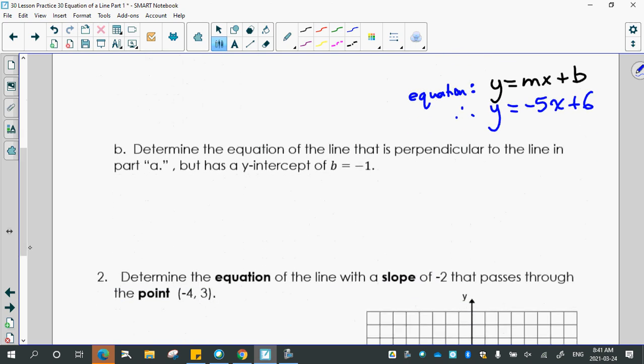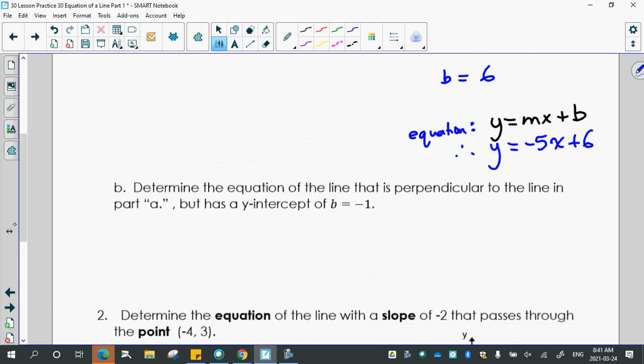Determine the equation of the line that is perpendicular to the line in part A, but has a y-intercept of b equals -1. So again, I would set it up with, I need to know the m of the line, I need to know the b of the line, I need to know the equation of the line. And any work I have to do, I'll do over here.